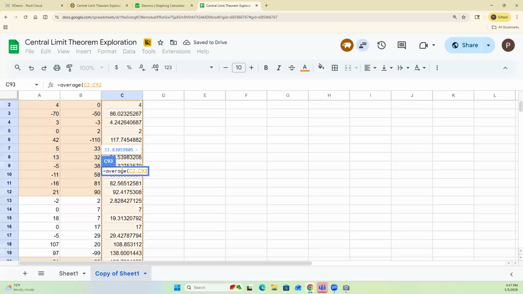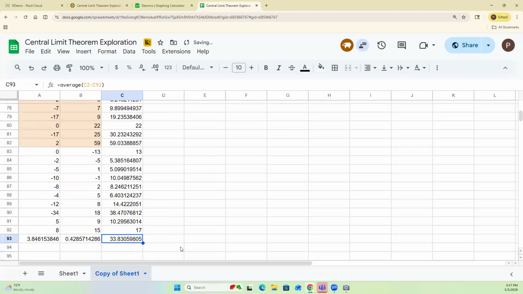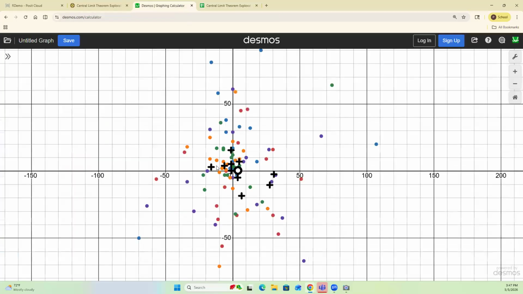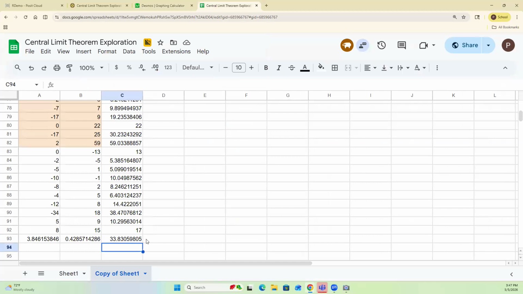So the average distance from the center was about 33.8 centimeters. If we look at this picture, the average distance, regardless of which way you go, was about 33.8 centimeters, which is almost exactly a foot, actually. This is the average or mean distance.